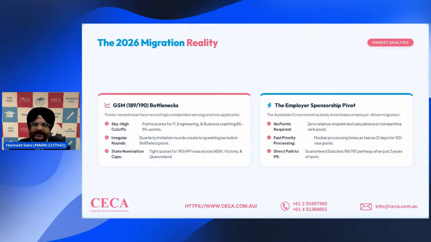Similarly, there is a special quota allocated for subclass 189 as well. On the other hand, there is no such seat allocation system in employer-sponsored categories. There is a direct guaranteed pathway to permanent residency through subclass 186 if you are holding a subclass 482 visa, especially in the TRT stream.